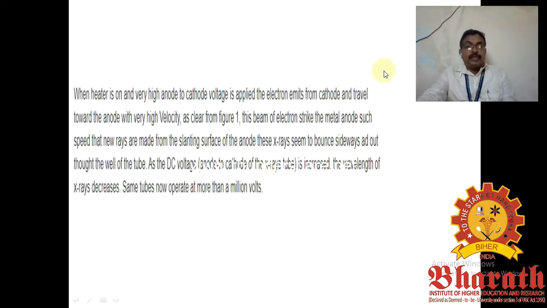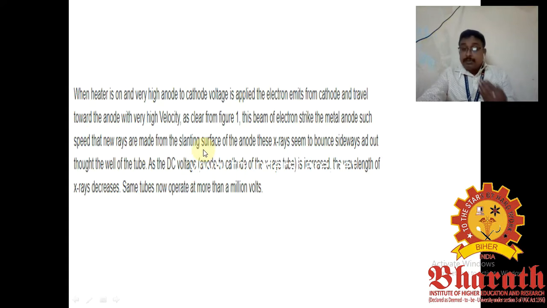So, when the heater is on, right, and a very high anode to cathode voltage is applied, the electrons emit from the cathode and travel toward the anode with a high velocity, that is what is shown in the previous figure. This beam of electrons strikes the metal at such speed that the new rays are made from the slanting surface, right.